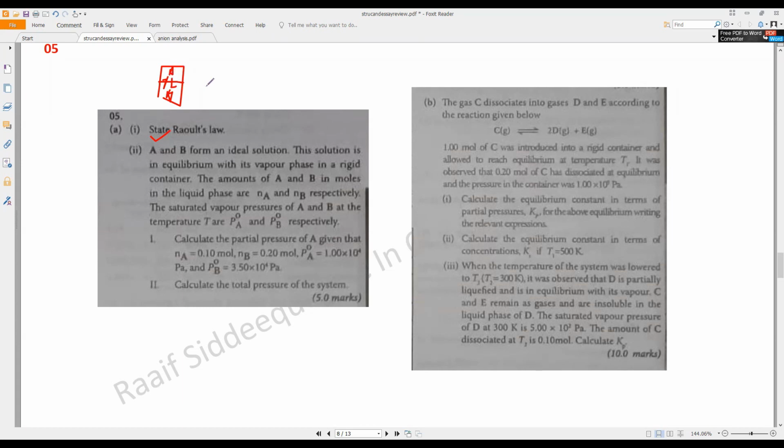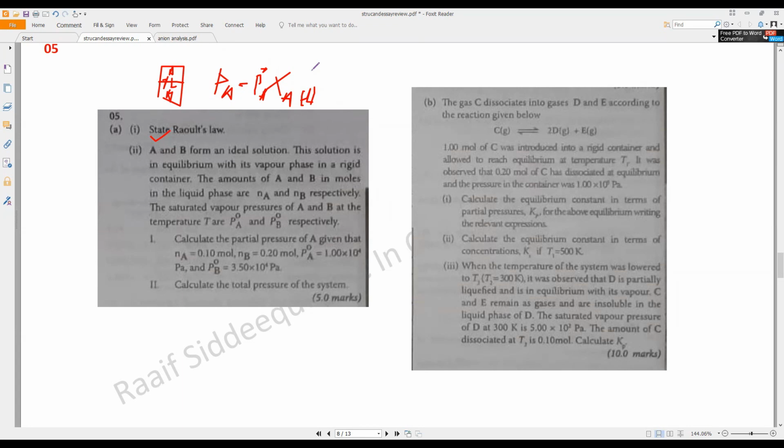Then you can tell the vapor pressure in the gas phase is equal to the mole fraction of A in the liquid phase times the saturated vapor pressure. Or you can just write down this equation: PA is equal to P naught A and XA in the liquid medium.